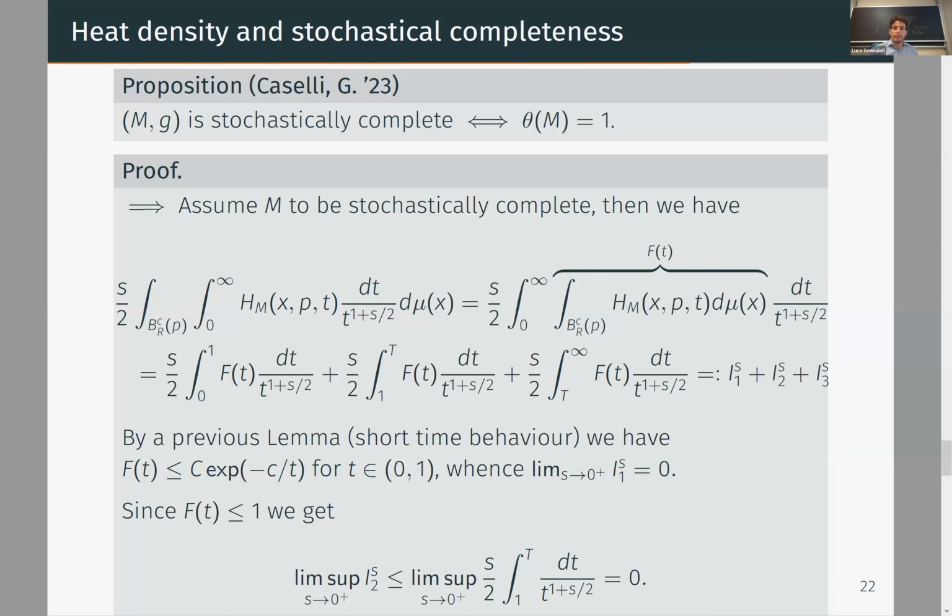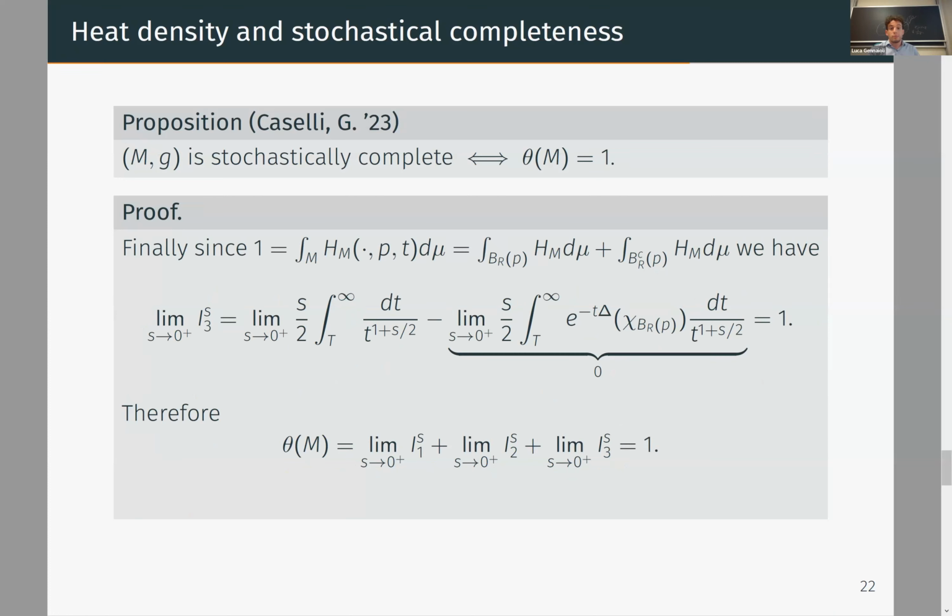While for the last one, it's a bit different. You use the stochastic completeness. You really use it now. You break the integral over 2 contributions, one over the ball and one on its complement, and you substitute inside your integral. The first integral is just a computation, and I can tell you it's 1. Hope you trust me.